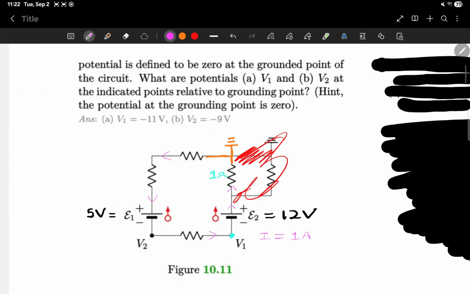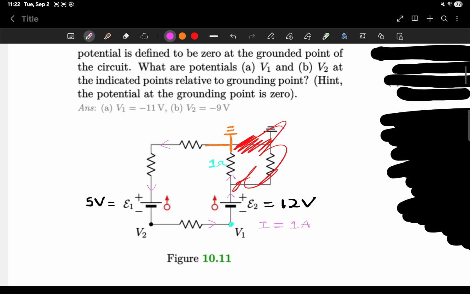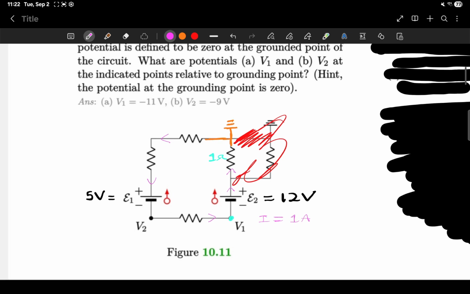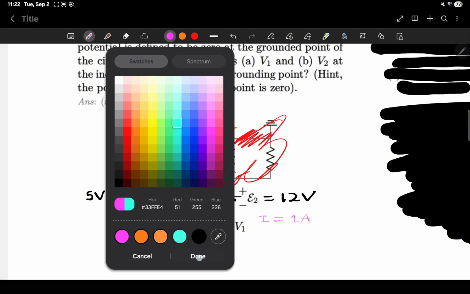Now basically, just to remind myself, in part A we're being asked to find the potential at point V1. So the blue point.